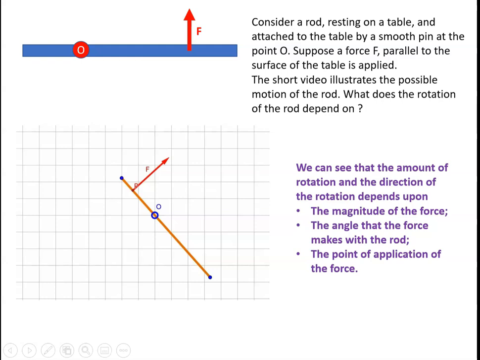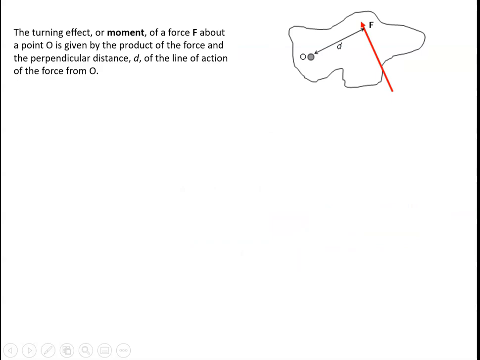Now these observations together make it reasonable for us to define the turning effect or moment of a force about the point O as being the product of the magnitude of the force and the perpendicular distance, d, of the line of action of the force from O.